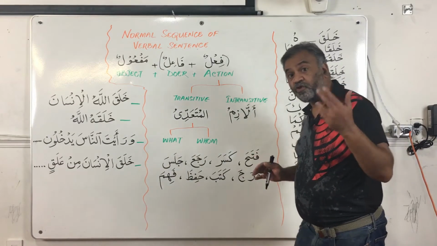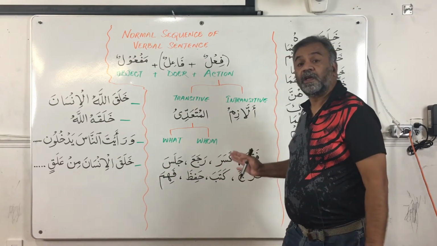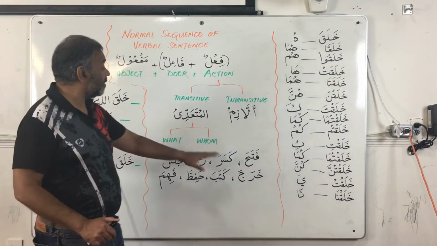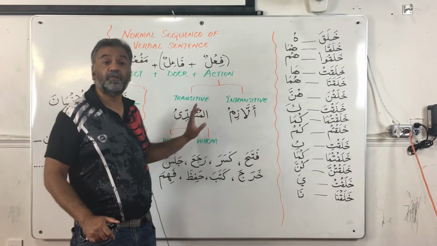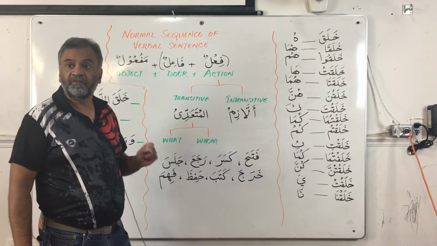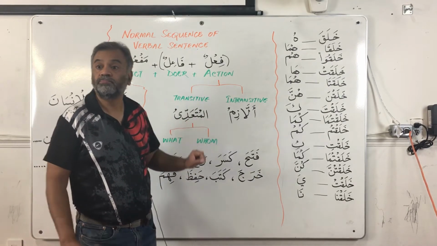Now let's try and see. We have a few verbs here, and let's see if we can identify each of them either as transitive or intransitive, al mutaaddi or al lazim. It's very easy. What are we asking? What and whom.